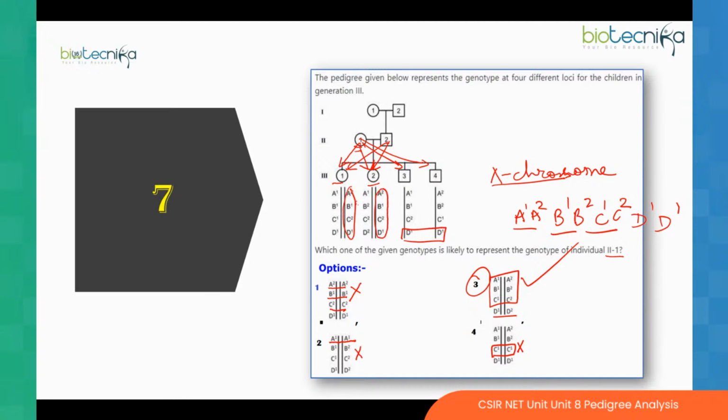So this must be coming from father, which means the other chromosome is coming from mother. And this particular chromosome in 3-2 has a D2 allele, which means mother has to be heterozygous for D as well. All right, so with this, the answer becomes option 3.